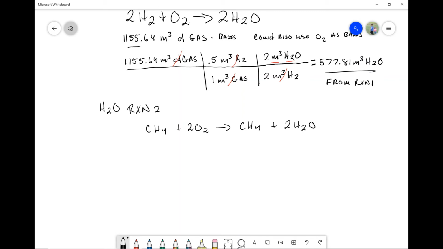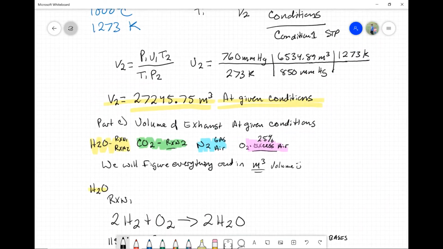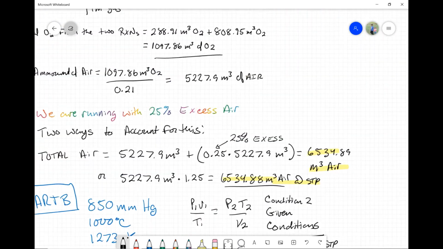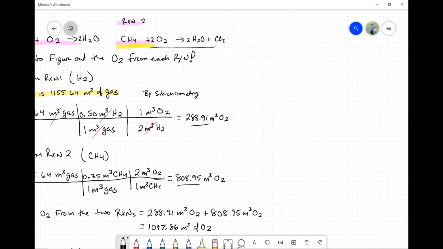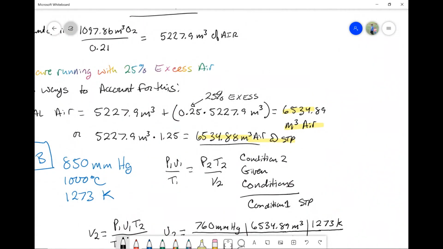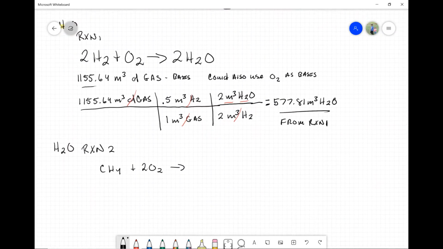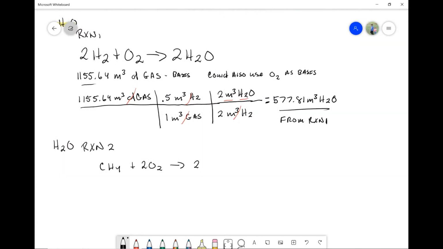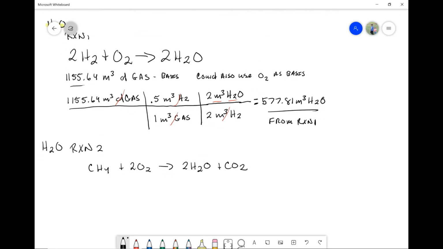I made a mistake. Hold on. Couldn't remember. My photographic memory turned off. 2H2O plus CO2. Excuse me. Knew it looked funny. All right. Right? Yes. I don't know why I'm doubting myself. It's right in front of me.